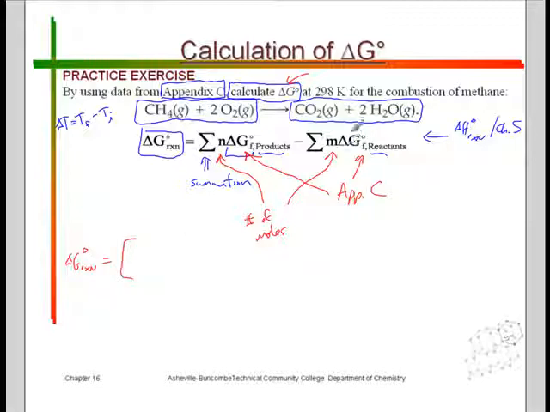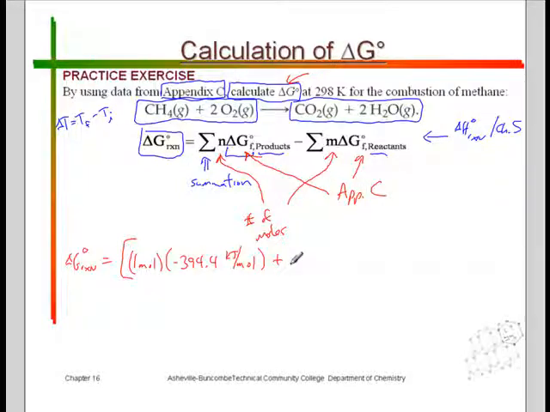Summation of the products. I have 1 mole of carbon dioxide and 2 moles of water. There's our carbon dioxide part, and if I look in the table, it's negative 394.4 kilojoules per mole. So that's the Gibbs free change for the formation of 1 mole of carbon dioxide.